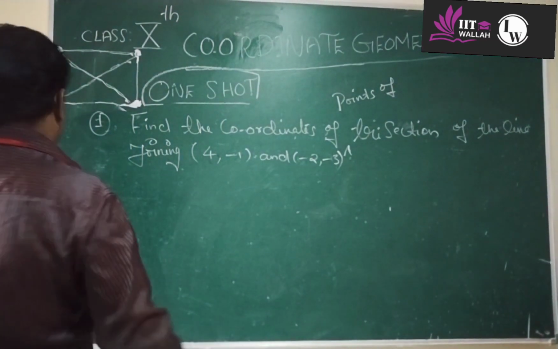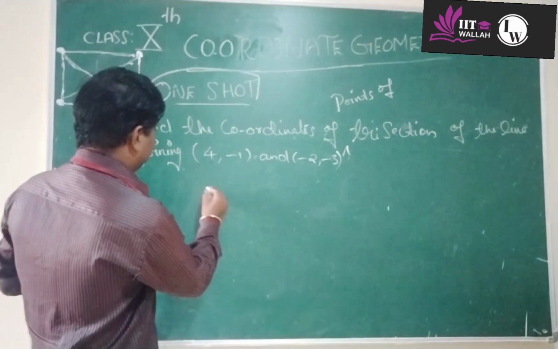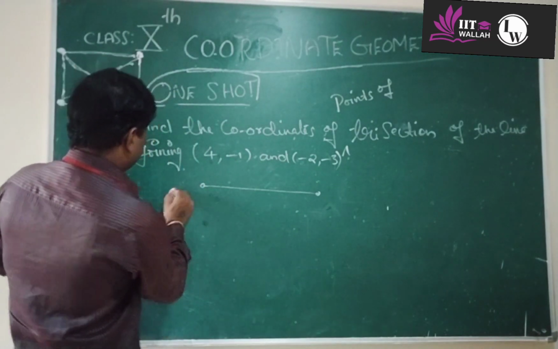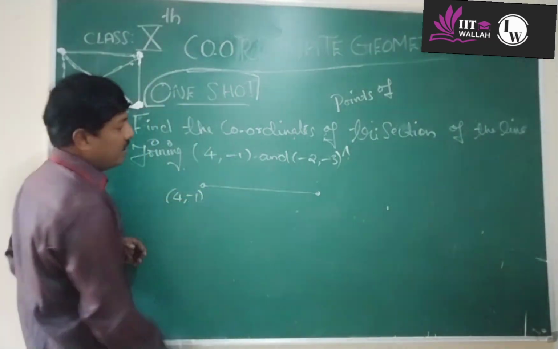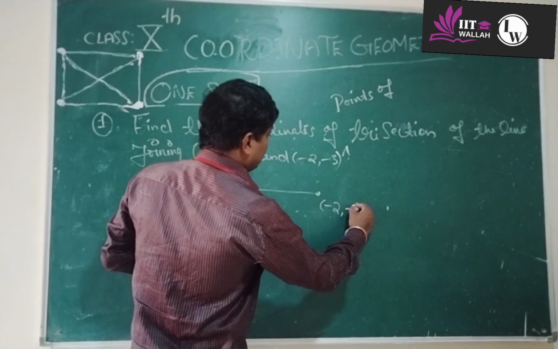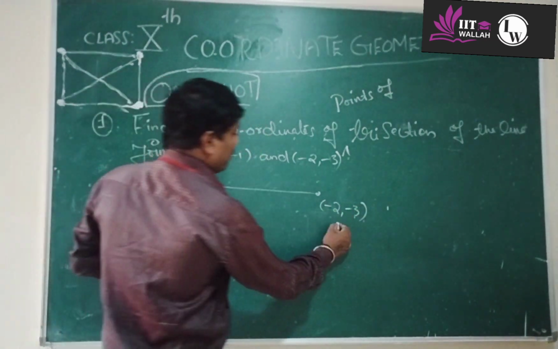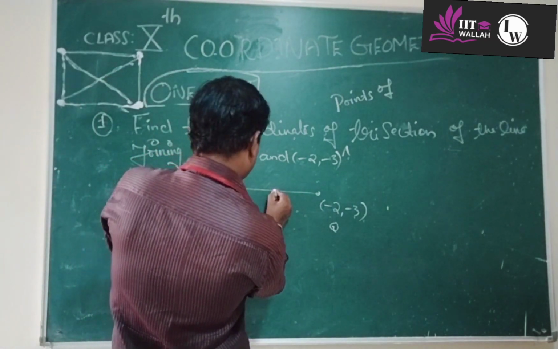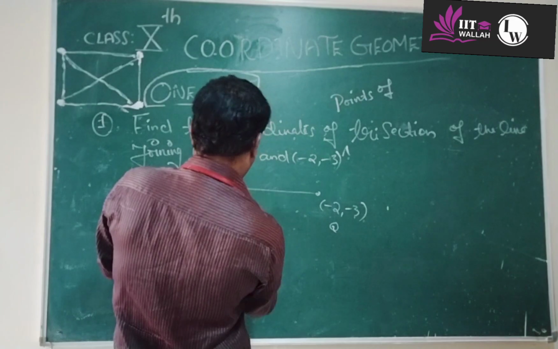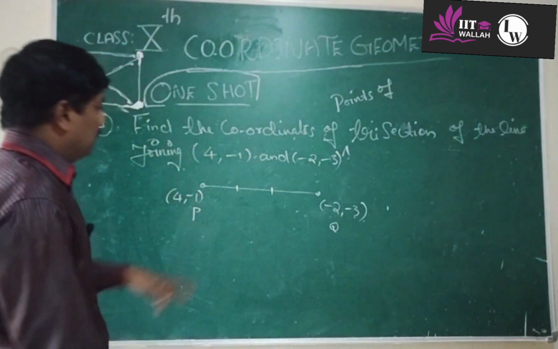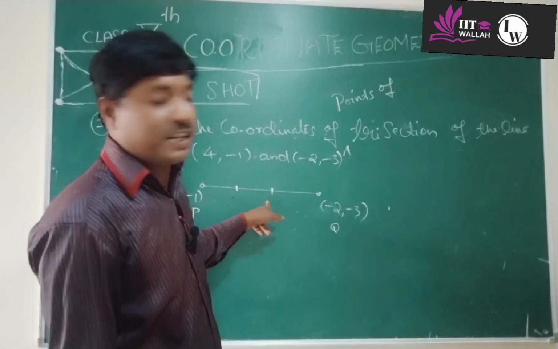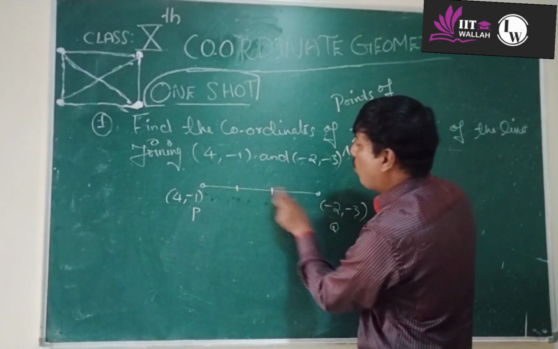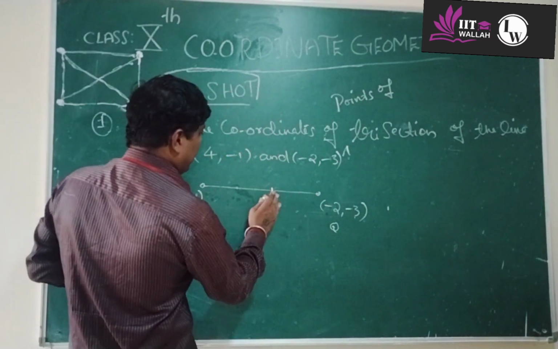Okay. The points of trisection: if there is a line like this, (4, -1) is given in the question, and (-2, -3). Suppose this is P and this is Q. These two points are the points of trisection because these two points divide PQ into 3 equal parts.